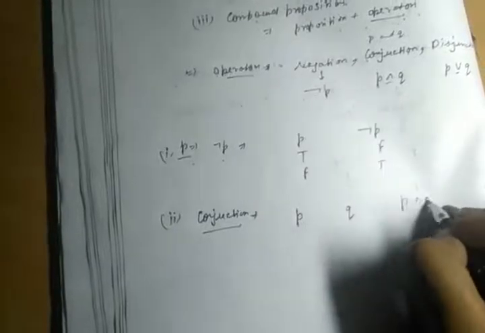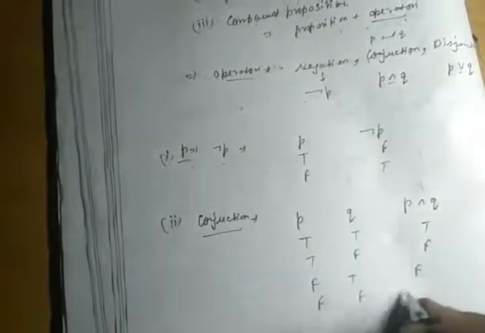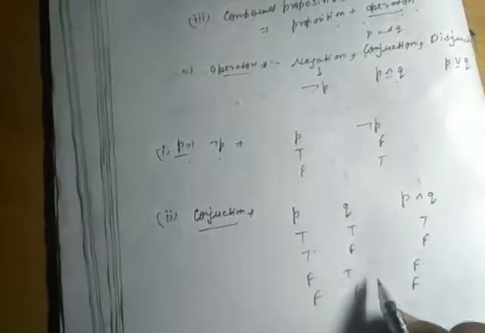If we talk about its truth table, suppose there is a statement P and another statement Q. The conjunction P and Q: true, true gives true; true, false gives false; false, true gives false; false, false gives false. As these are definitions, there is no proof for why T, T gives T and T, F gives F. You just have to memorize it.